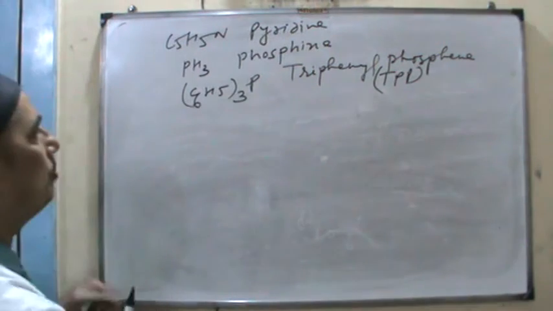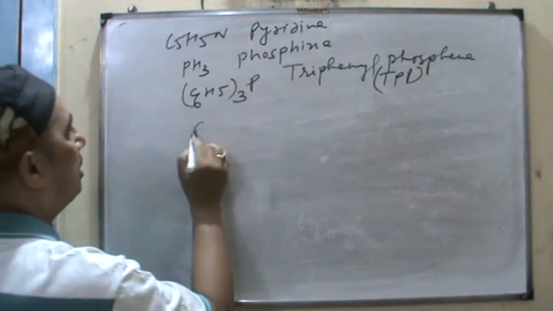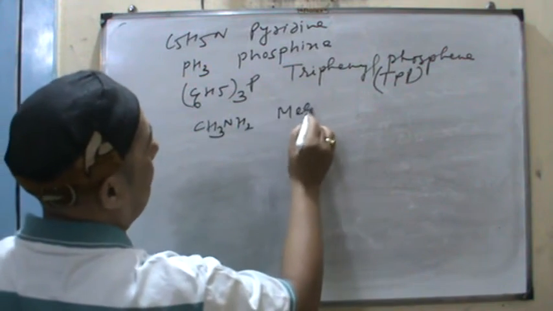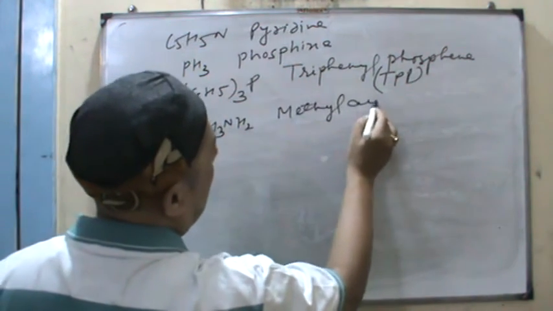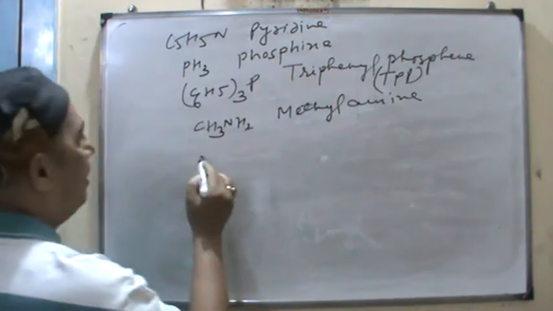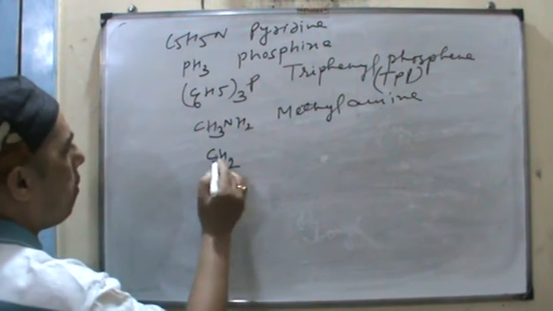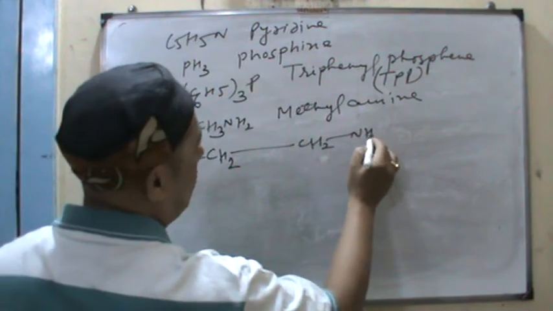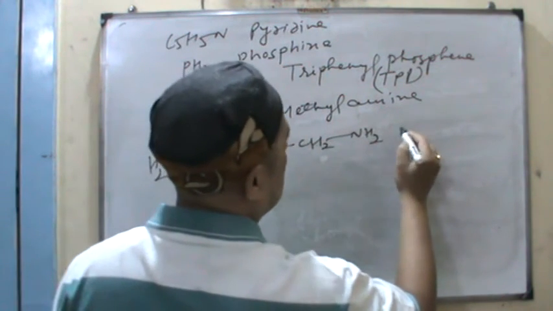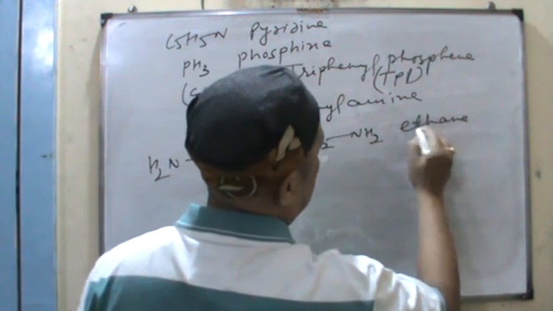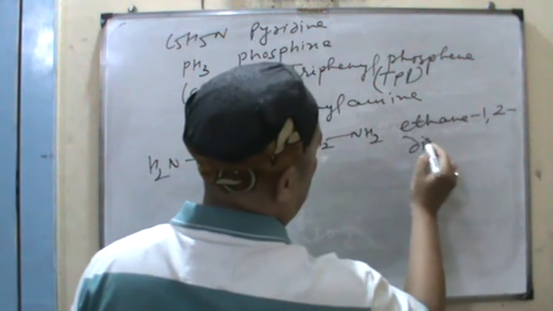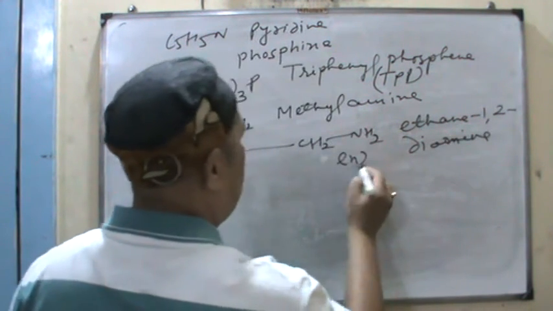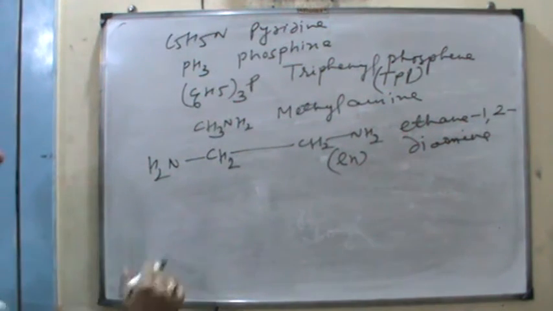And then next is methylamine, CH3NH2, methylamine, and CH2NH2, CH2NH2, it is ethane-1,2-diamine, or en, ethylenediamine.